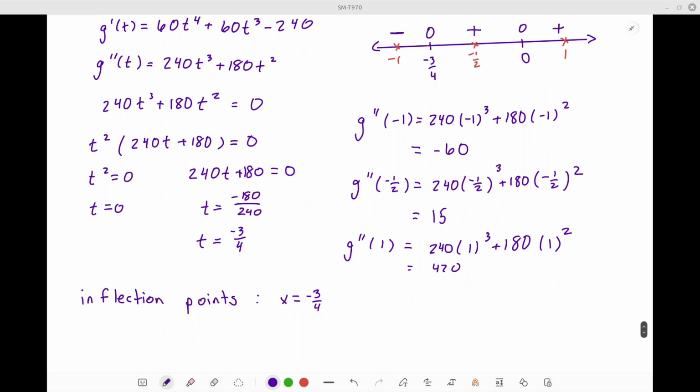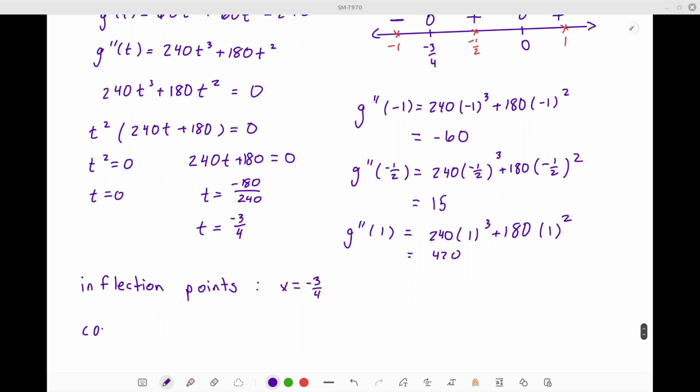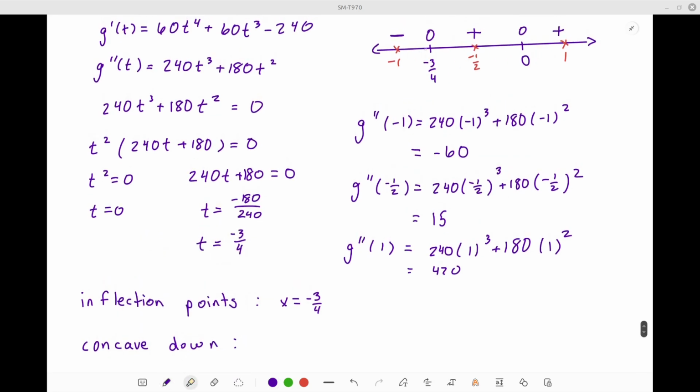And then it's concave. I'm going to do concave down first. Because concave down is where the second derivative is negative, which is only at that interval. So negative infinity to negative 3/4. But now it's concave up on this interval and this interval.